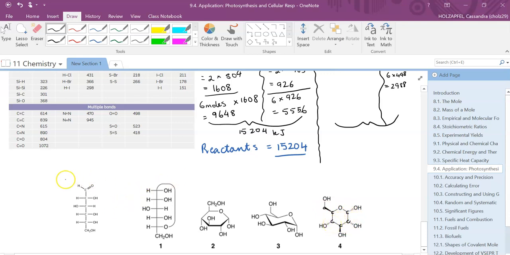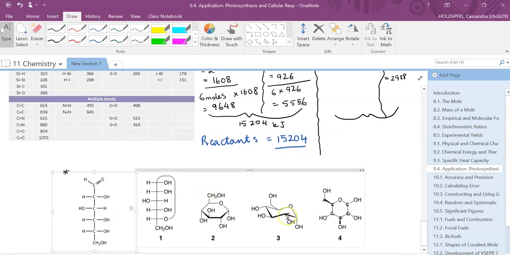So I might pick this particular structure to help me with determining the bond enthalpy, because I think this structure is probably going to be the most informative for the numbers and the types of bonds within the glucose molecule. Okay, so straight up, I can see that we've got a C double bonded to an oxygen. So that would be similar to, yep, this one here.